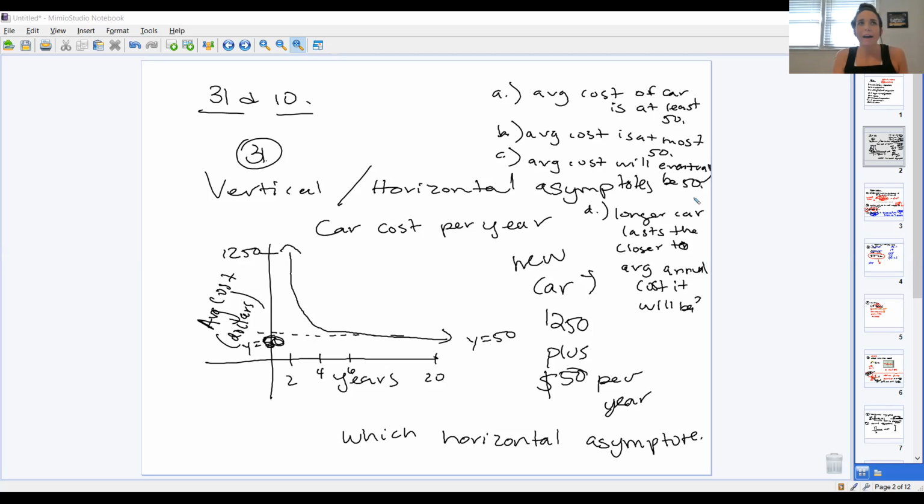It's kind of like when you buy a house, you pay that mortgage, and then eventually you own the house and you don't have to pay as much anymore. You'd have to pay for electrical bills and that kind of thing. So this answer is going to be D. The longer the car lasts, the closer, and I think that's the key part, closer to the average annual cost it will be. So it's getting closer and closer to this y equals 50, which is what that horizontal asymptote actually represents.